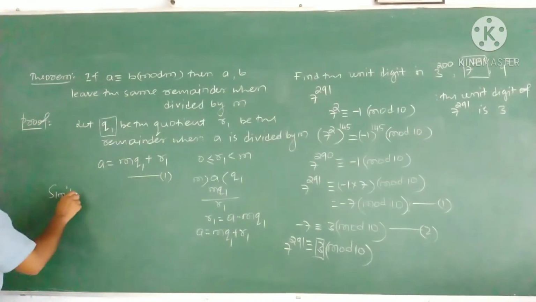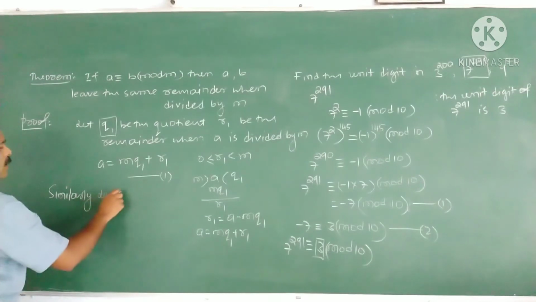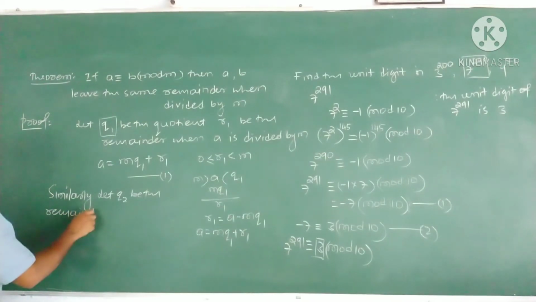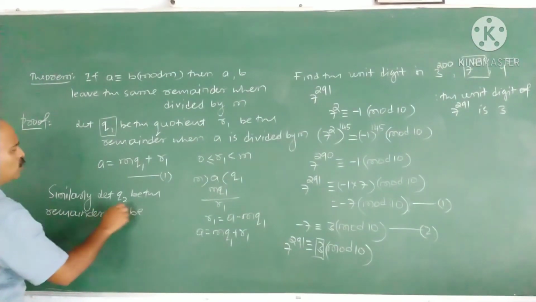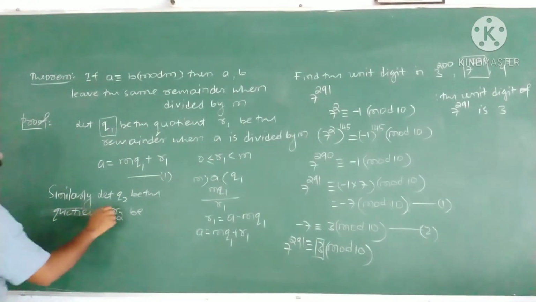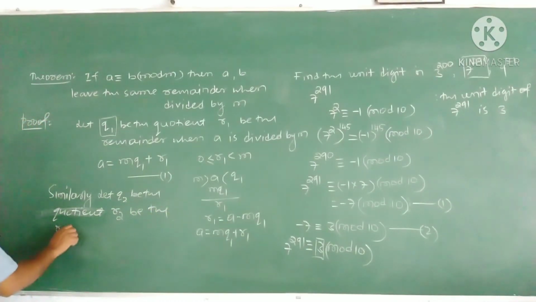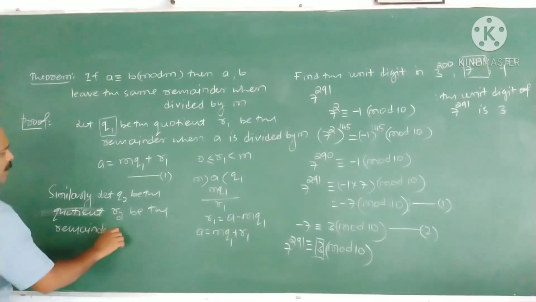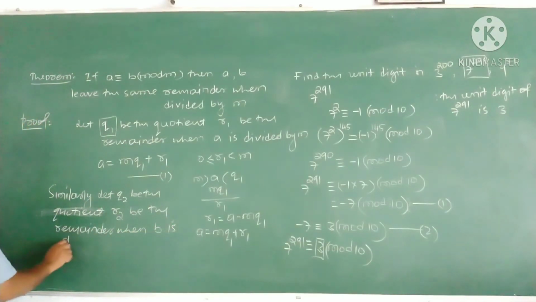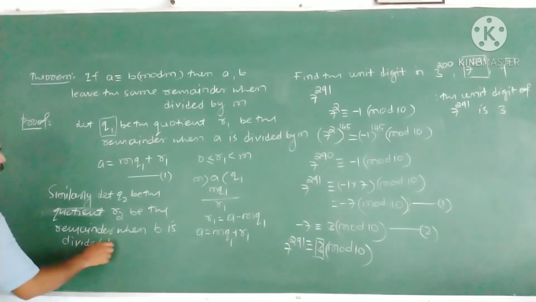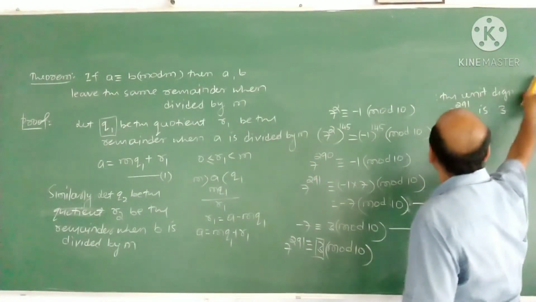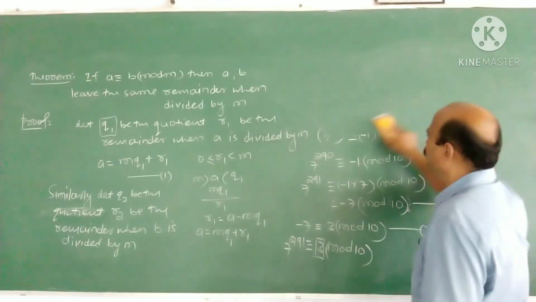Similarly, let Q2 be the quotient and R2 be the remainder when B is divided by M. We take Q2 and R2 as quotient and remainder respectively.